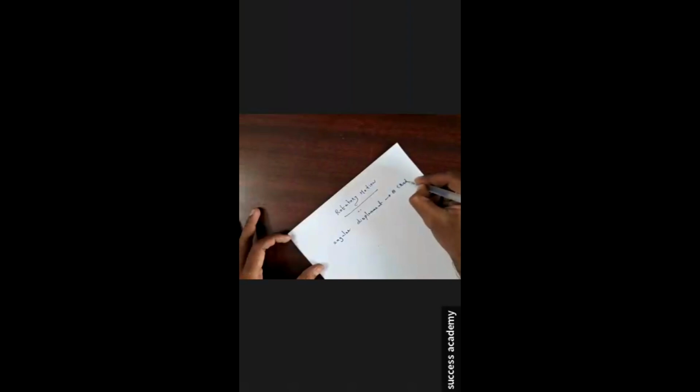Angular displacement, which we mention with theta, we can measure in radians. Then in translatory motion we have velocity, which we also call linear velocity.